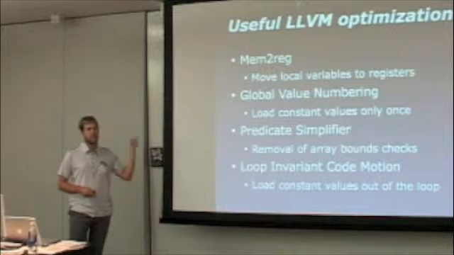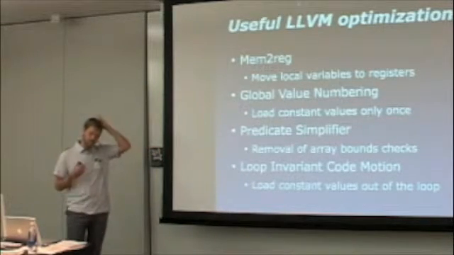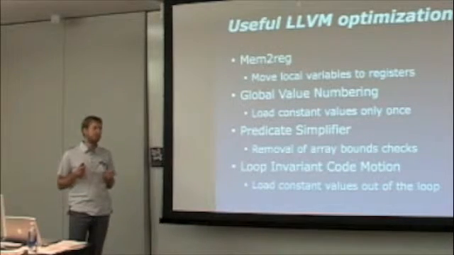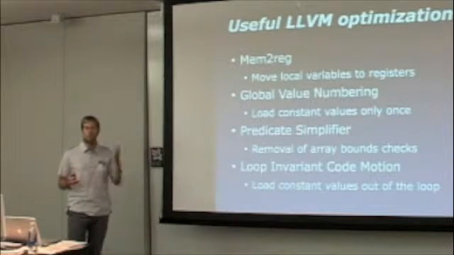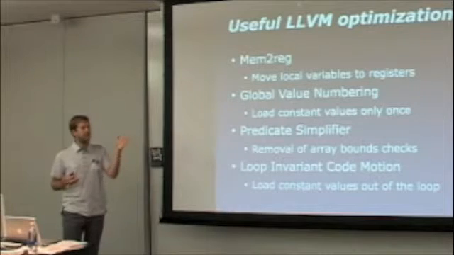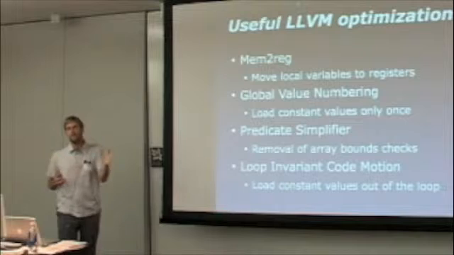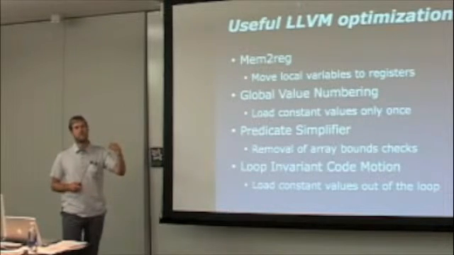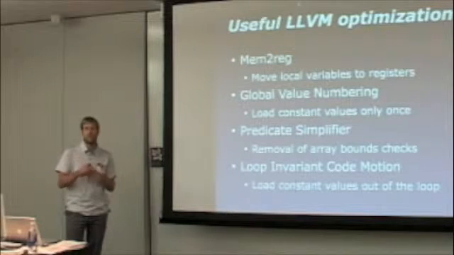When I talked to Nick about this pass, he told me no one's working on this pass right now, and that this pass actually is not really useful, because coders don't write code like if 1 is less than n, then if 0 is less than n, etc. But actually in Java, there are these implicit runtime checks on array bounds that insert this kind of instructions.